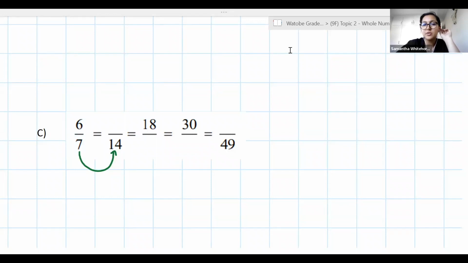Moniswa, do you want to try the first one for us? Moniswa, you want to try? Ma'am, I think for number C, you times 6 by 2, and then times 6 by 3.